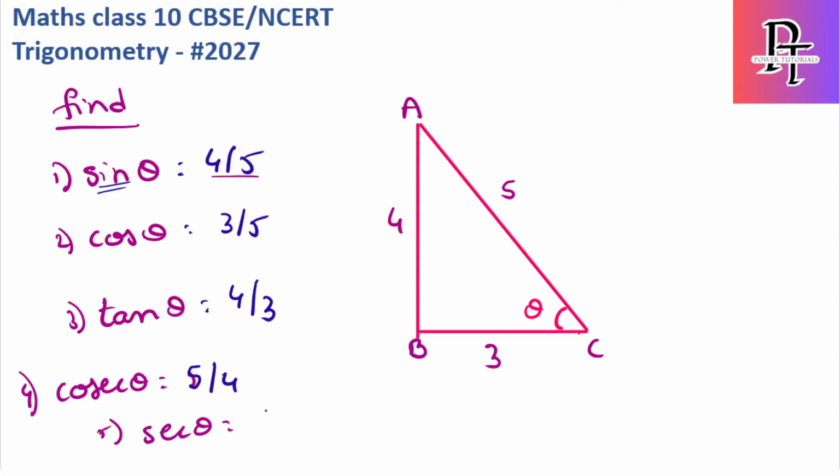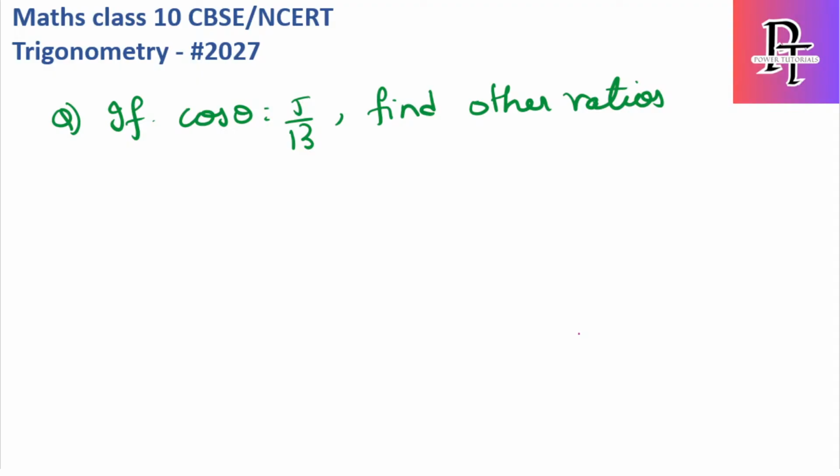Secant theta is the inverse of cos, so it becomes 5 by 3. I'll choose another color and then write the values. Secant is 5 by 3 and cot is 3 by 4. Okay, so if a triangle is provided and the specific angle is mentioned, then you can easily find all 6 trigonometric ratios.